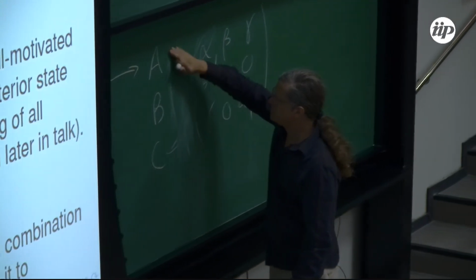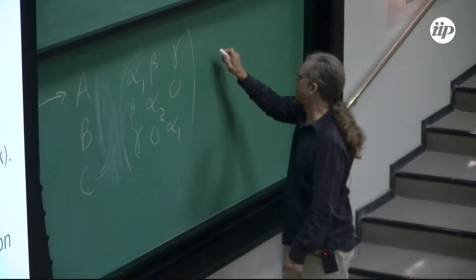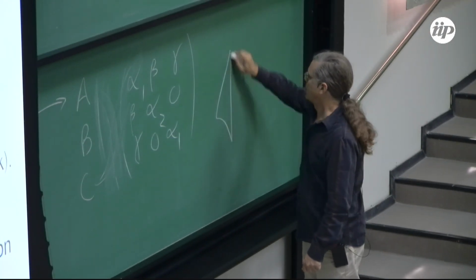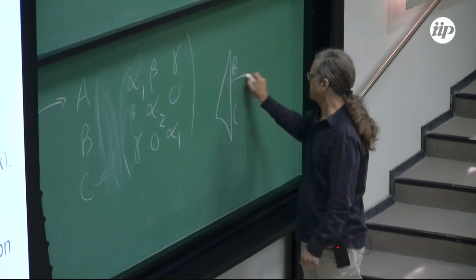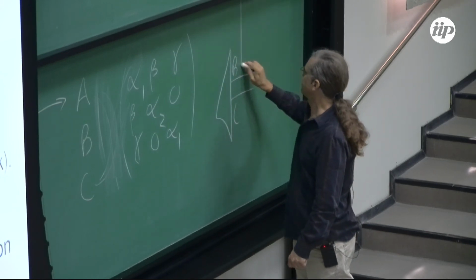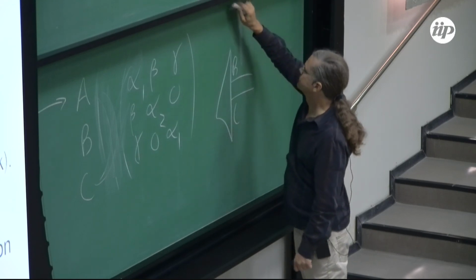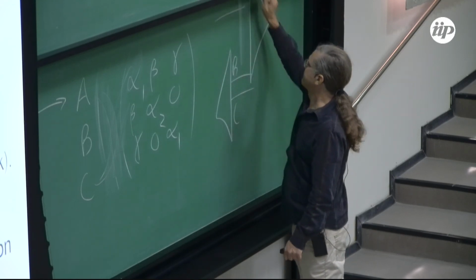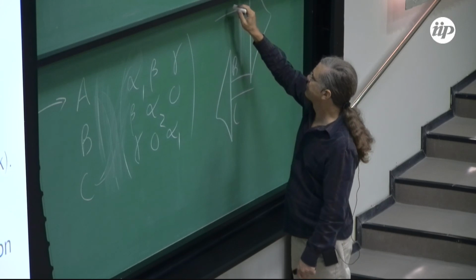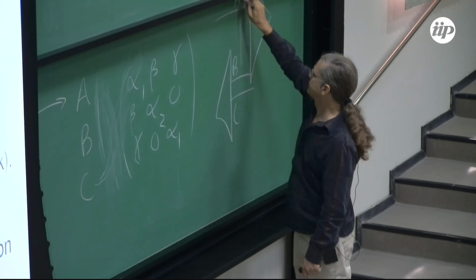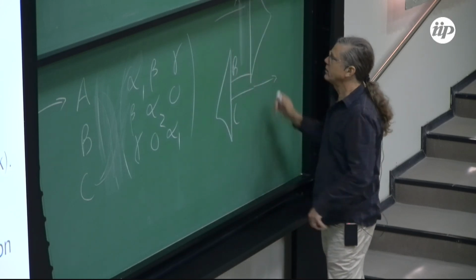Well, it's just the usual thing. You have some entangled state on BC. Your state goes in on A. Something comes out here.